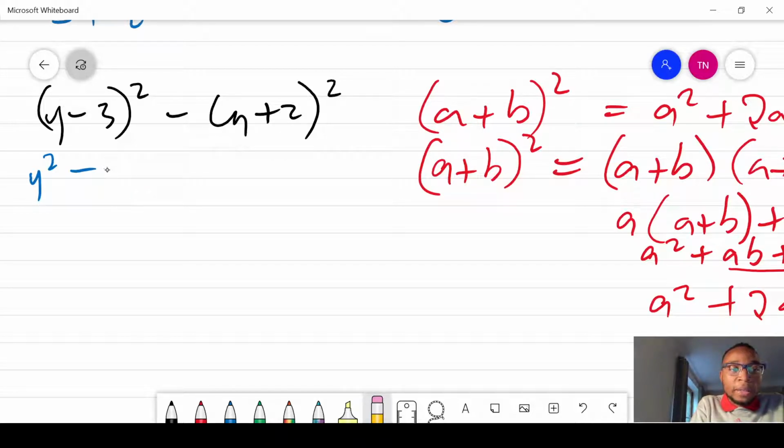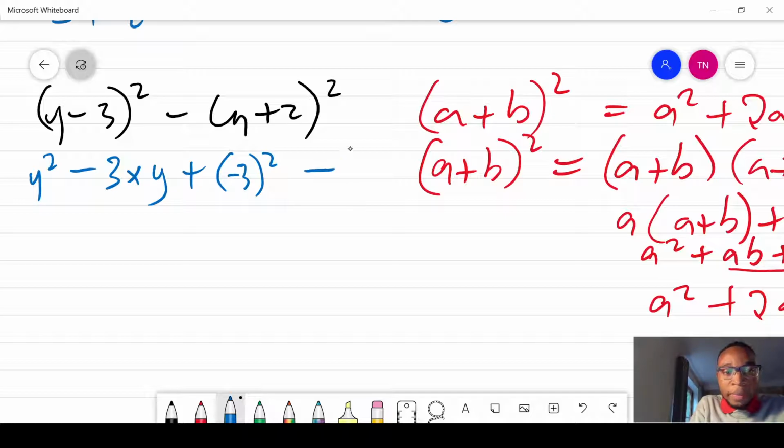That becomes minus 3 times y. Then here we are going to have just plus negative 3 squared.